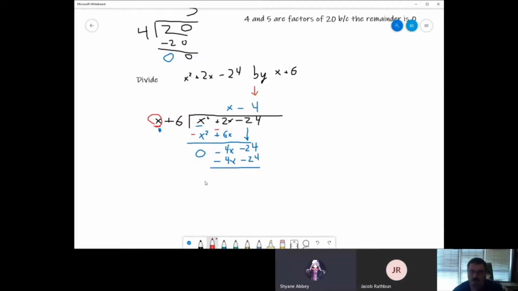And then on the subtraction step, all these signs switch. This becomes a plus. This becomes a plus. So I get minus 4x plus 4x is 0. Minus 24 plus 24 is 0. So x minus 4 is our solution.